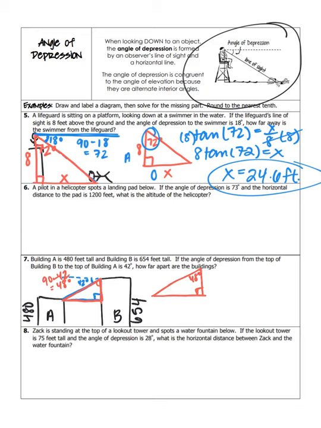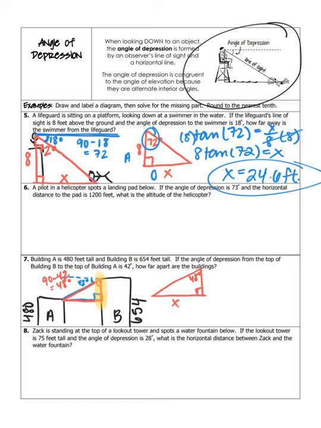Now, we can also, and I'm going to highlight this in yellow, we can figure this height out as well, okay? Because what we're looking for is the distance between the two buildings. And in order to find that distance, we need to have one of the other sides. So the way that we could figure out this height that I've highlighted in yellow is by subtracting the heights of the two buildings.